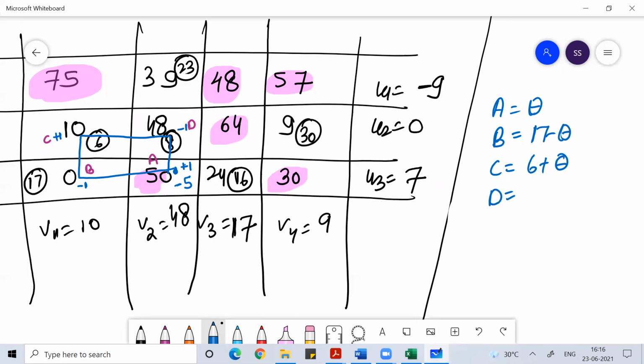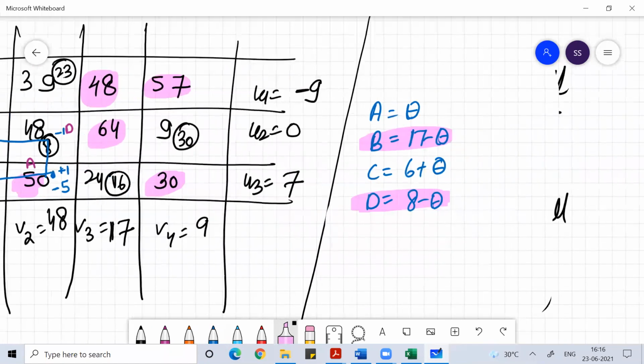And D would be the allocation 8 minus theta. We'll change the allocation. Out of all the negative theta cells, see which is the minimum.